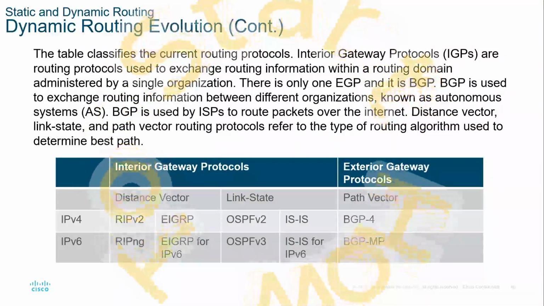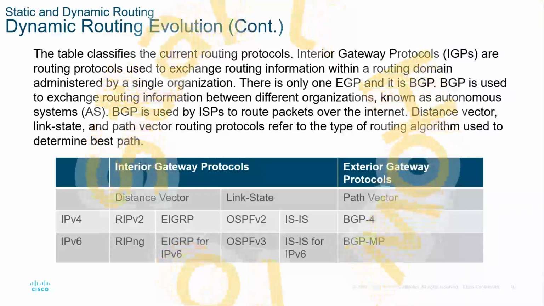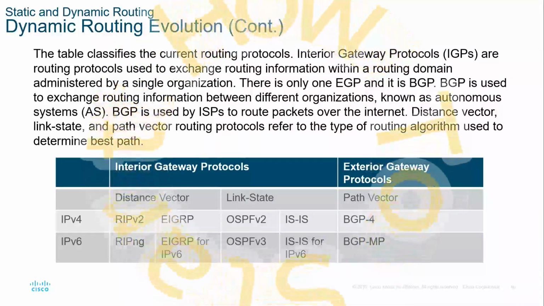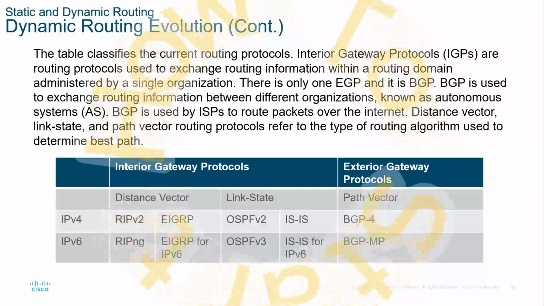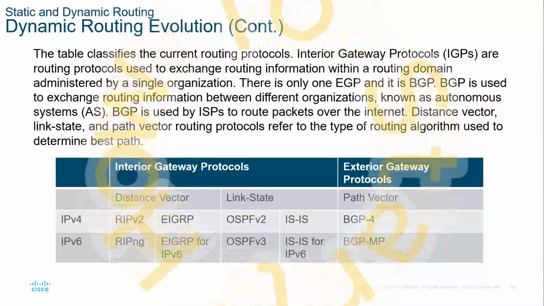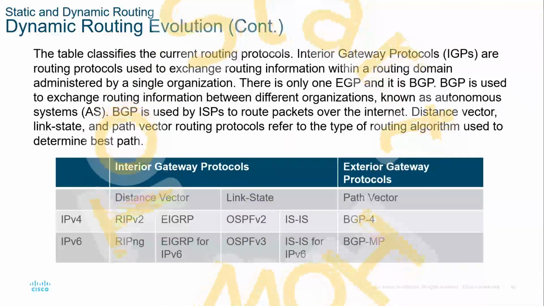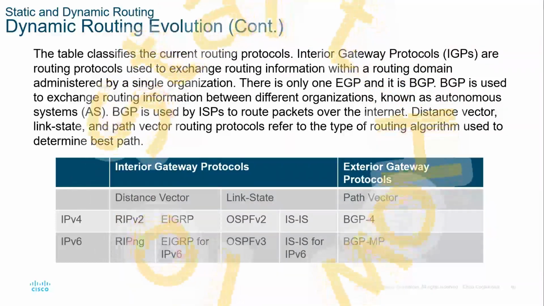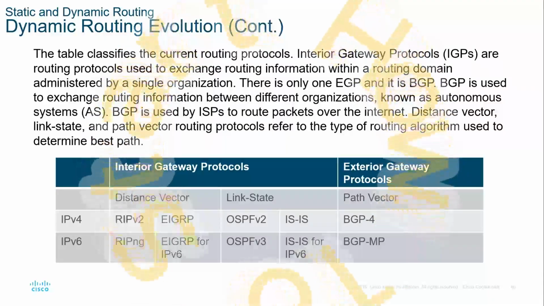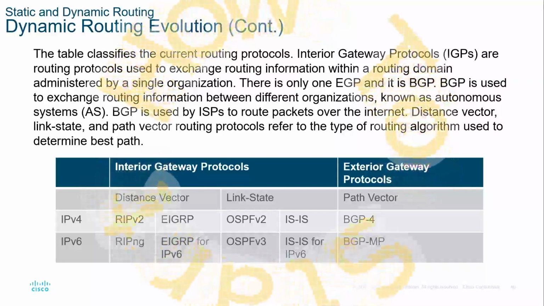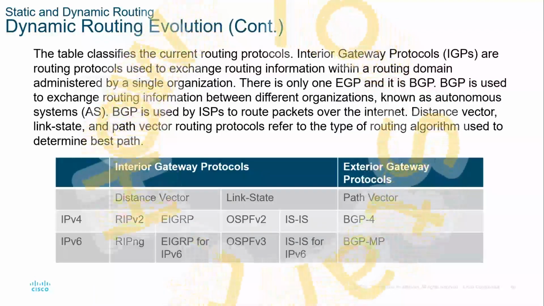So we have our IGPs left. IGPs are broken down further into two main groups, distance vector and link state. The main takeaway from distance vector is that distance vector will send the entire table to its neighbor, whereas link state will only send the updated changes or the link information to its neighbors.